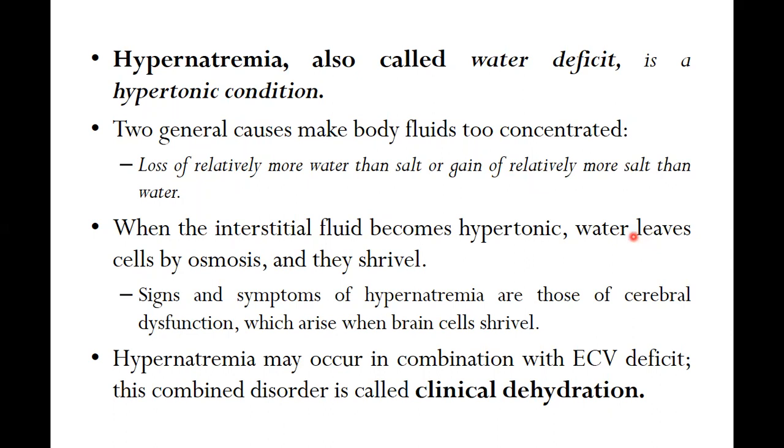So fluids will shift from the cell to the interstitial space, causing the cell to shrivel or to shrink. So signs and symptoms of hypernatremia are those of cerebral dysfunction, which arise when brain cells shrivel, when brain cells shrink, okay? So hypernatremia may occur in combination with extracellular fluid volume deficits.